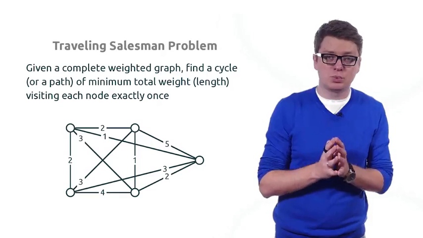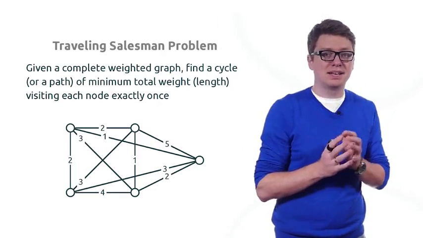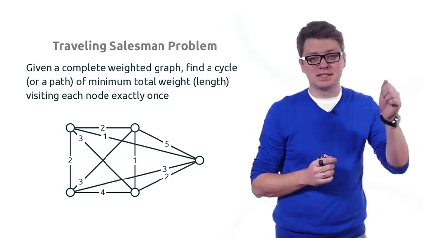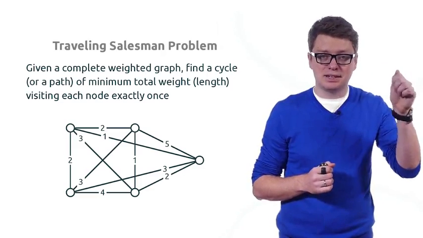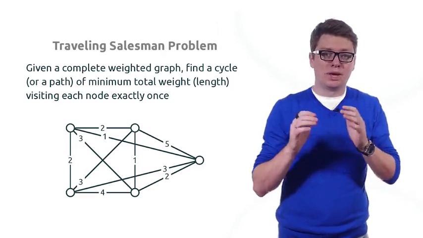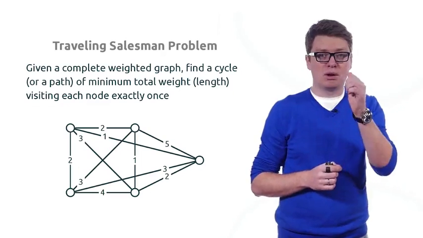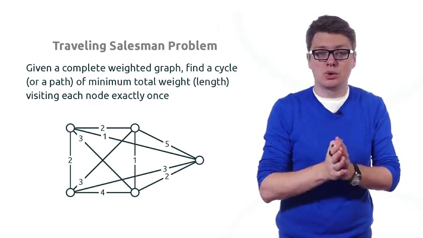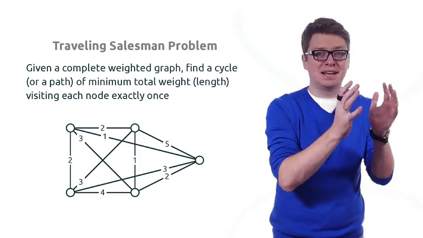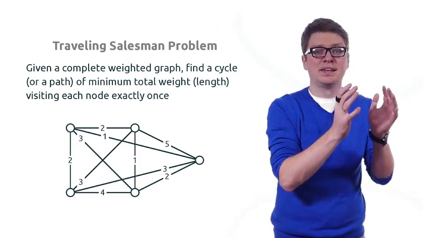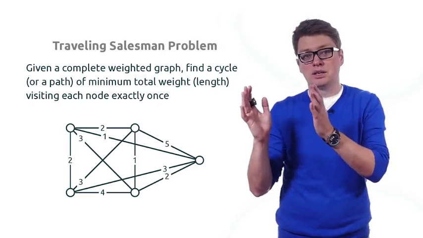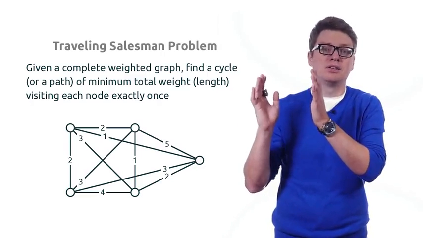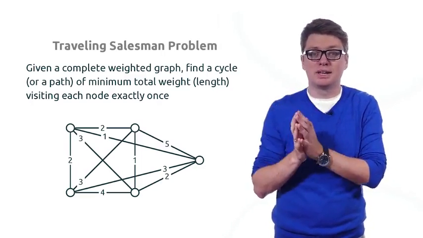The difference is that a cycle starts and ends in exactly the same node, while a path starts in some node and ends in some different node. So in a cycle, there are exactly n nodes and exactly n edges, while in a path, there are n nodes and n minus 1 edges.